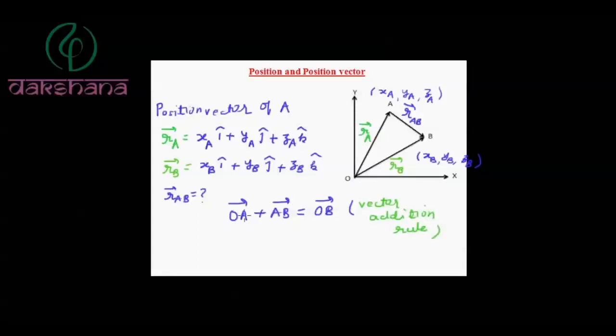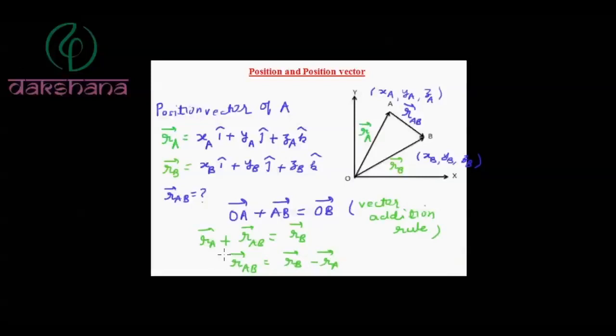So what is OA? We have OA as RA. AB we have defined to be RAB. It has to be equal to OB, and OB we have defined as RB. Hence, we get RAB, the position vector of B with respect to A, as RB minus RA.